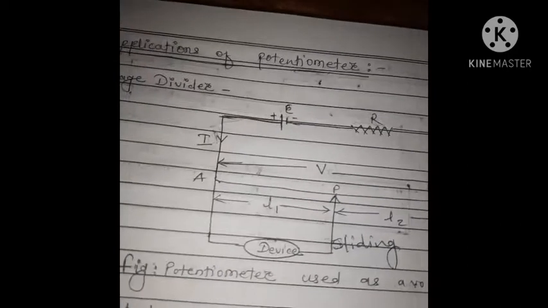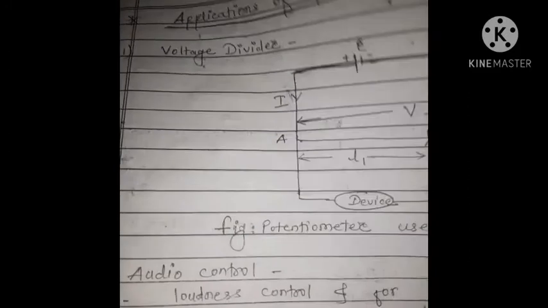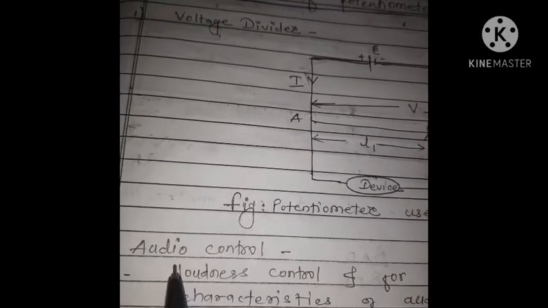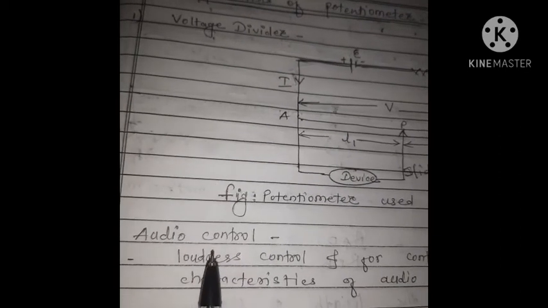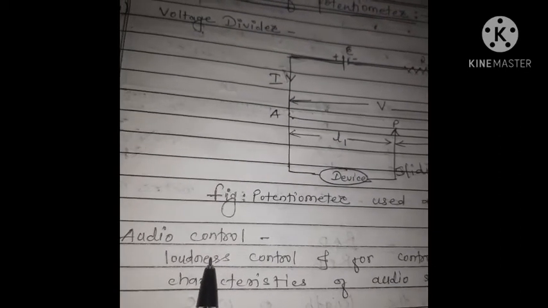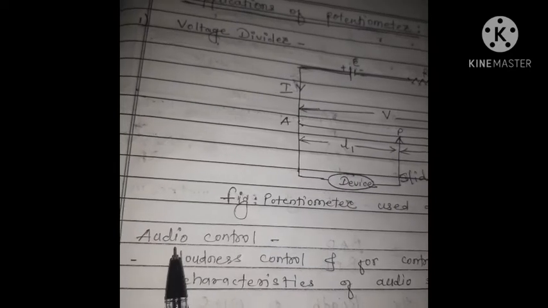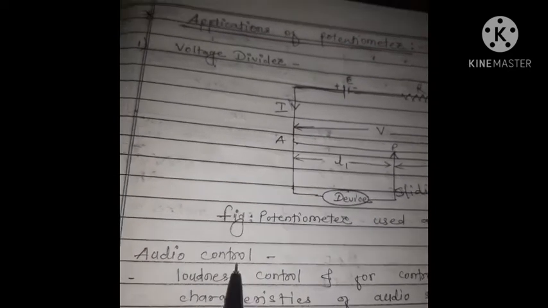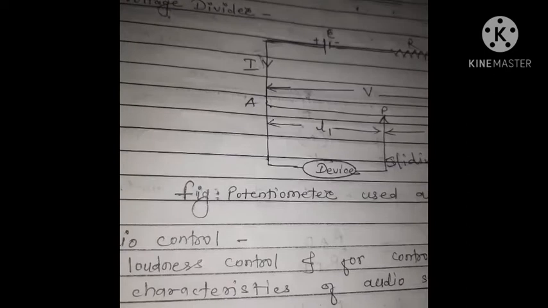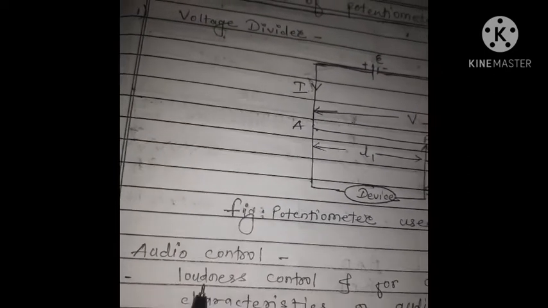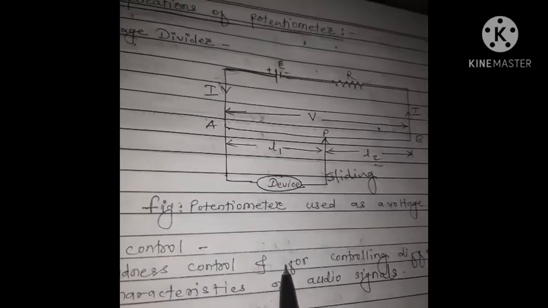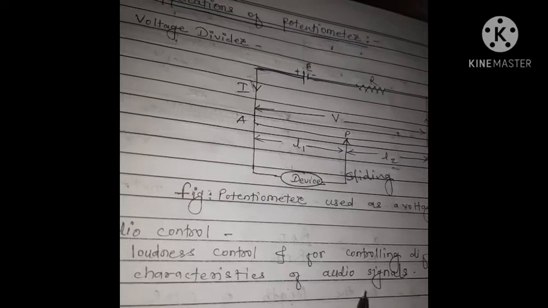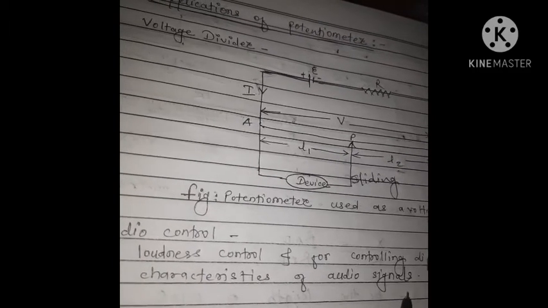The second application of potentiometer is as an audio controller. In some audio systems, the potentiometer is used to control the loudness of sound and for controlling different characteristics of audio signals.